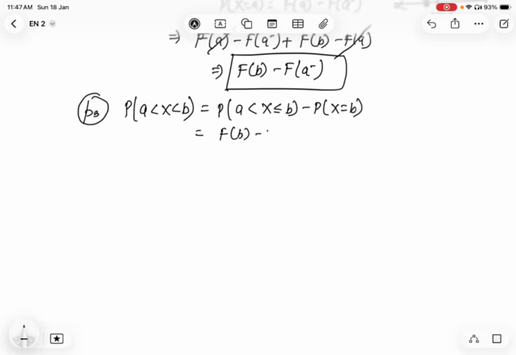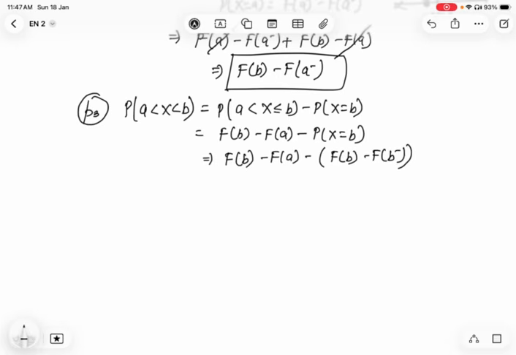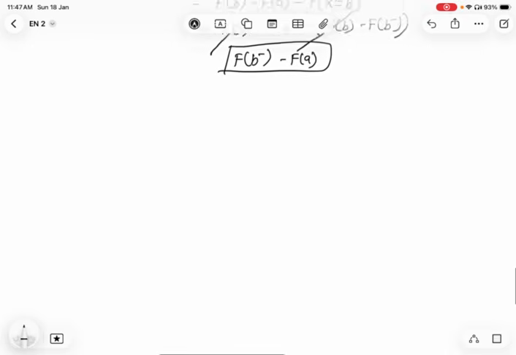F(b) - F(a) - P(X = b). It can be written as F(b) - F(a) - (F(b) - F(b-)). Okay, then this is cut out, and it is equal to F(b-) - F(a). So this is property 3.